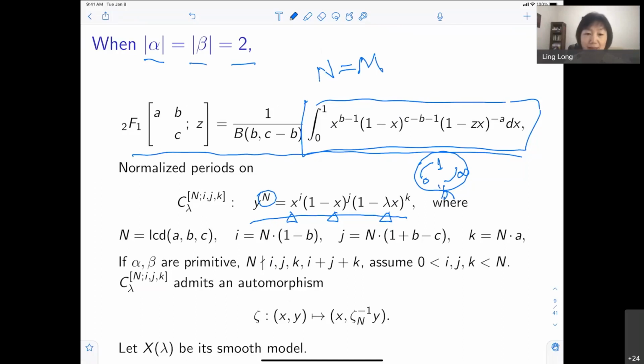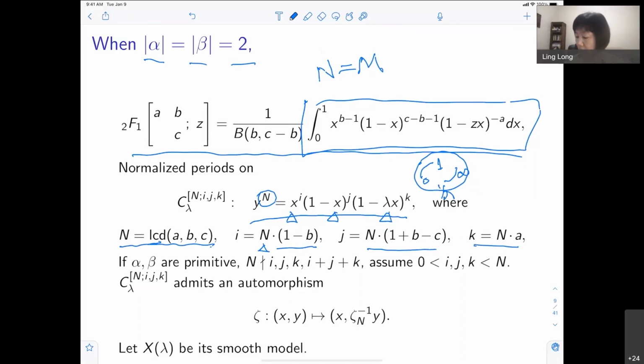Just like before, we use capital N to be the least common denominator of the parameter sets. If I choose I to be this choice, which is the least common denominator times 1 minus the rational number b, it's going to be an integer. And similarly, you can pick j and k.